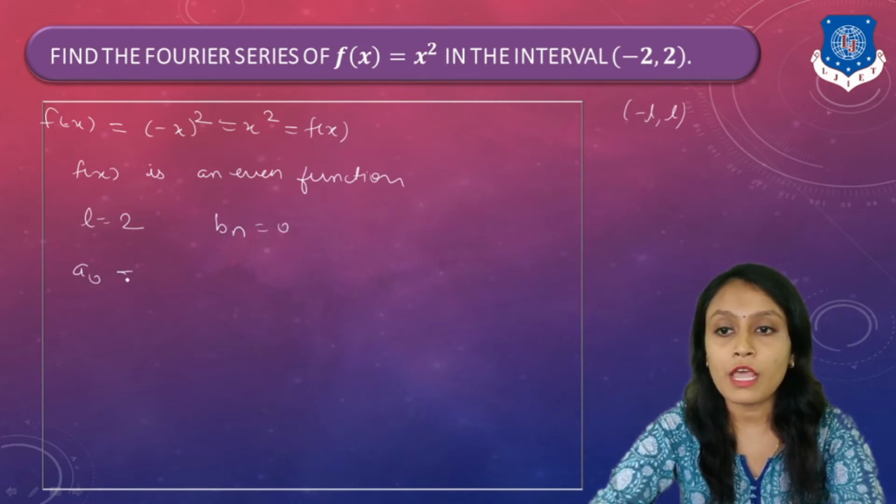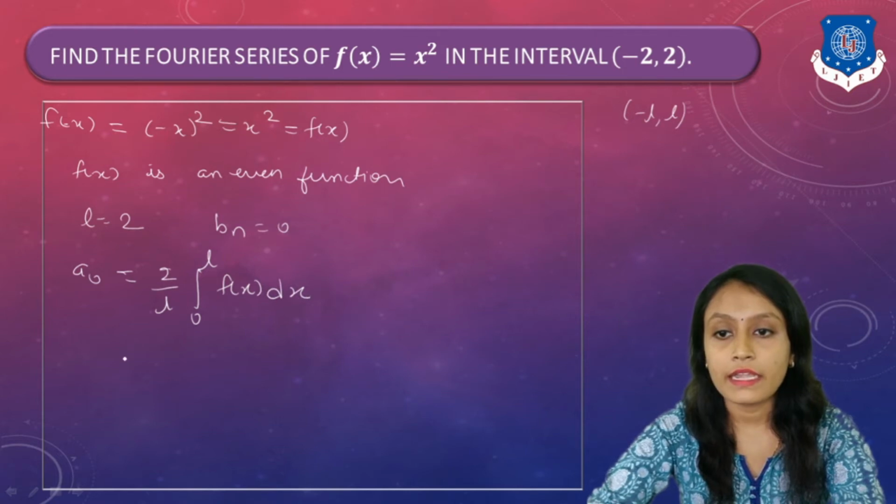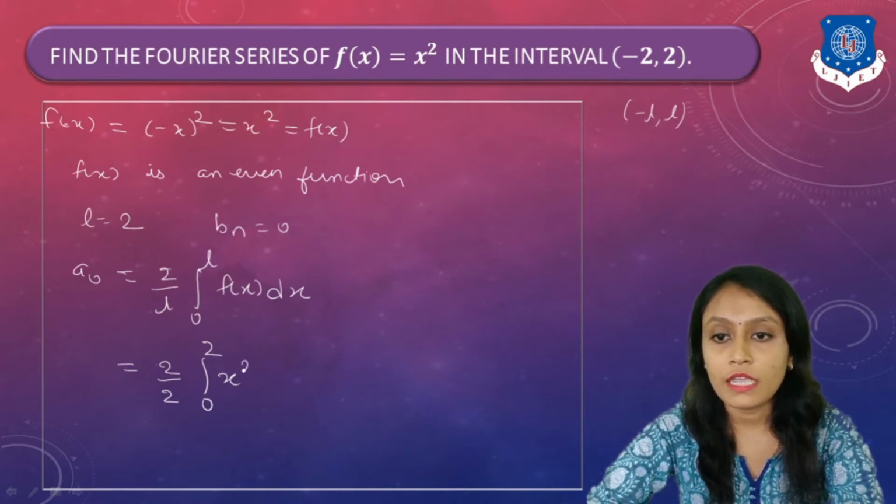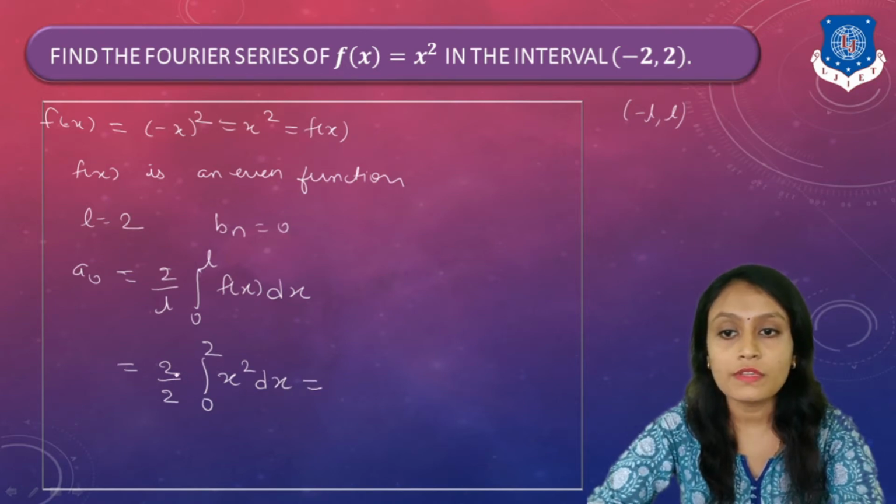Okay, so the formula for a0 is 2 upon L integration 0 to L f of x dx, right? Substitute the value of L, that is 2. So here we have 2 upon 2 integration 0 to 2 f(x) is what? X square dx. Okay, so just integrate it. This 2 will get cancelled.